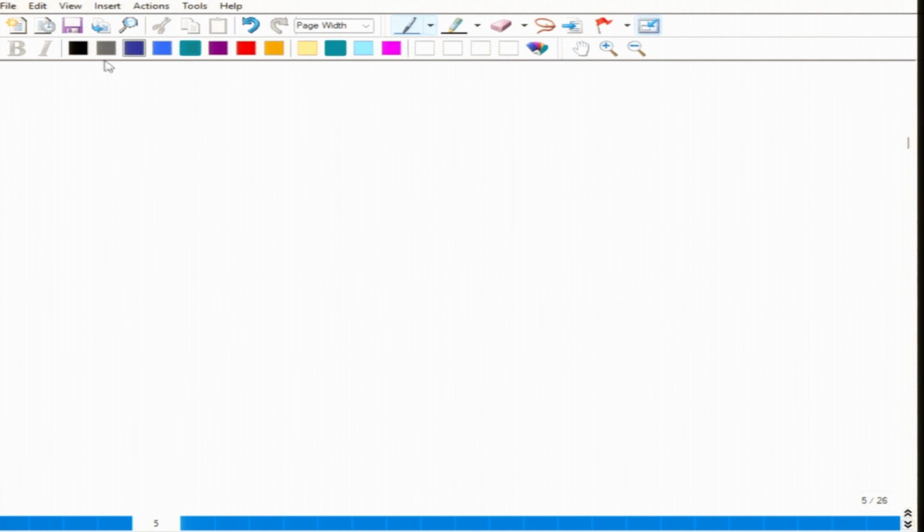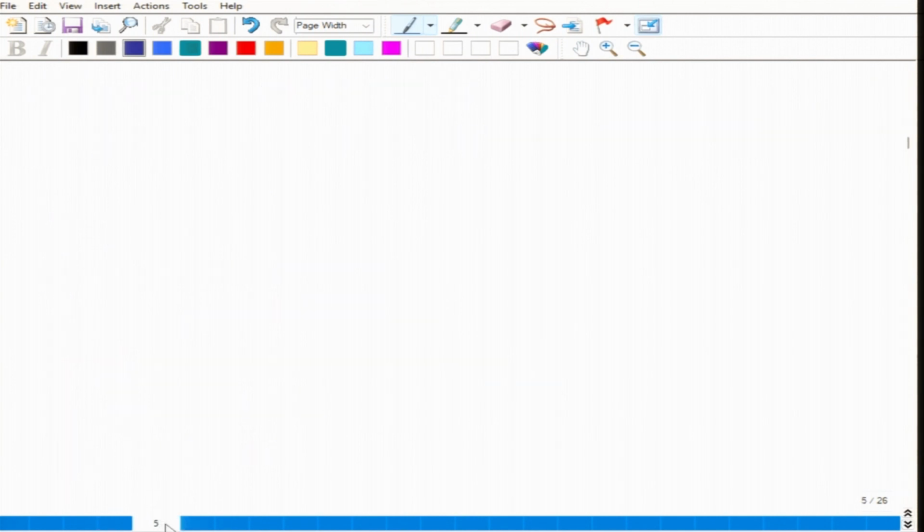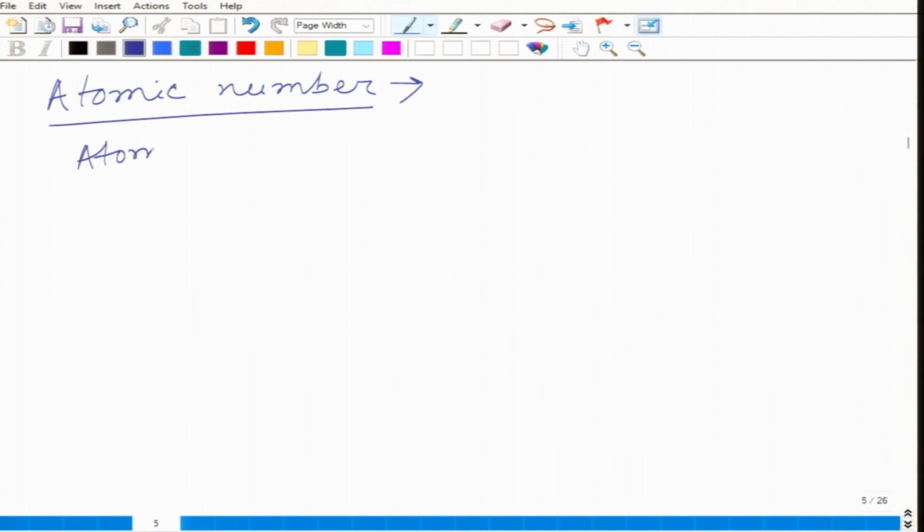An atom has two important parameters. They are atomic number and atomic mass. So, what is atomic number? In a neutral atom, since atoms are always neutral, if the atom has a charge, then they are called ions.